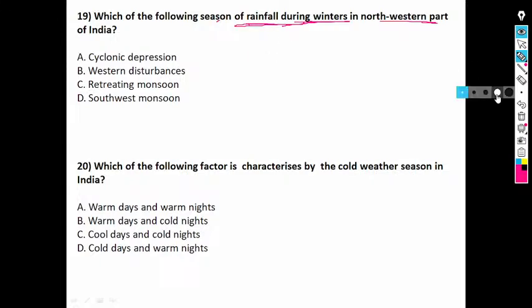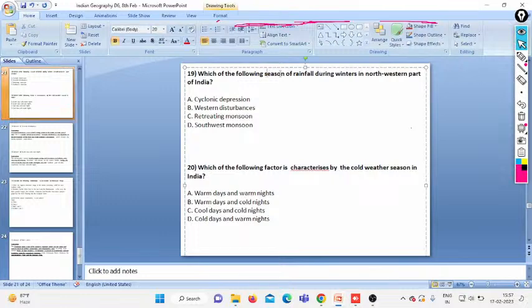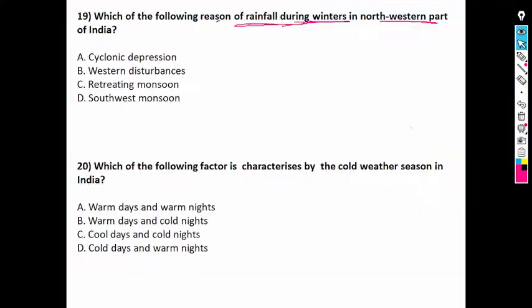This is not a season, this is a region, sorry. The region of rainfall during winters in the northwestern part of India is western disturbances. B for Bombay.